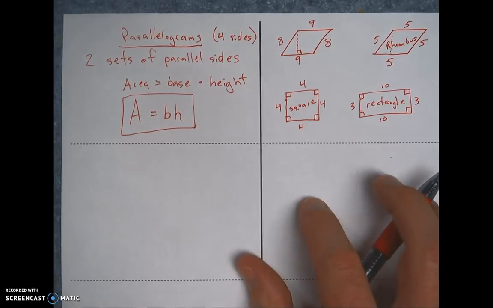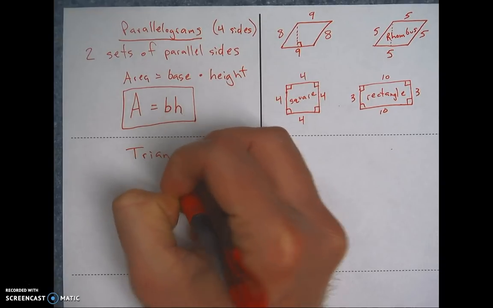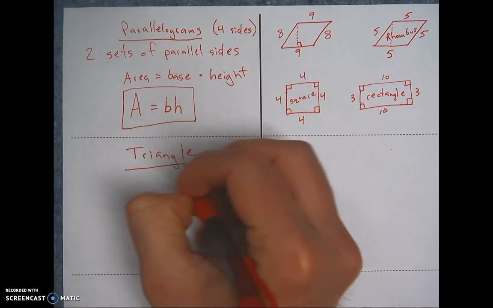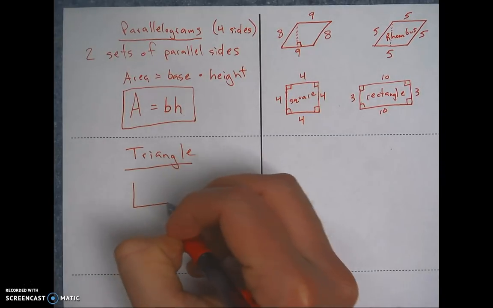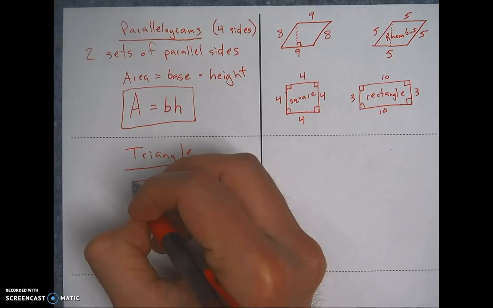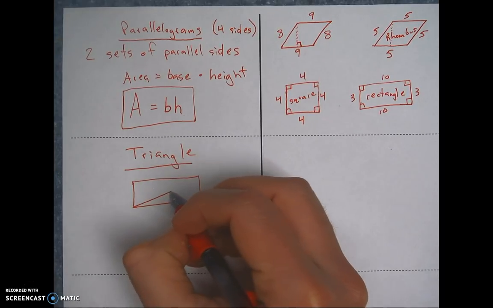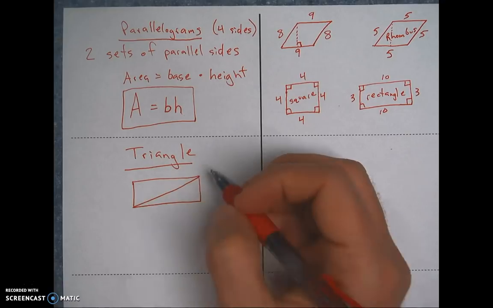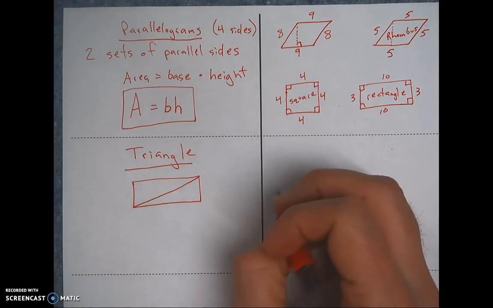The next shape we're going to look at is a triangle. We all know what a triangle looks like, but they come in all different shapes and sizes. Now, let's think about where a triangle actually comes from. They come from a rectangle, actually, or a parallelogram that's cut in half. So you take a rectangle or a parallelogram and you cut it in half, and you end up with two triangles.